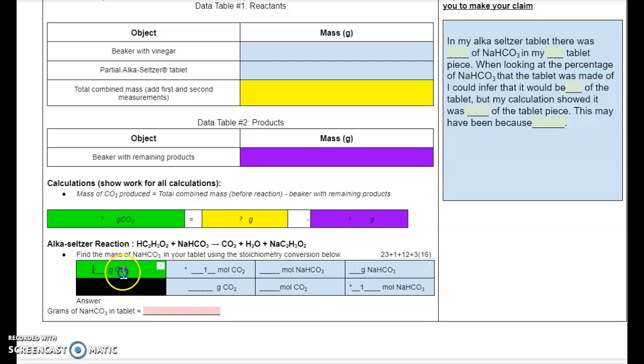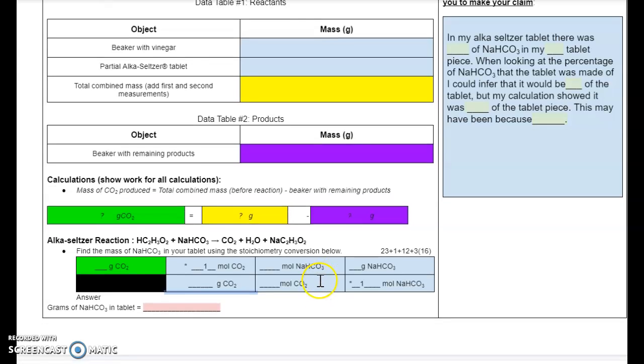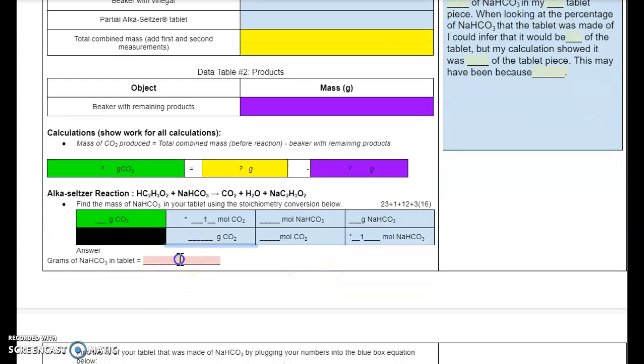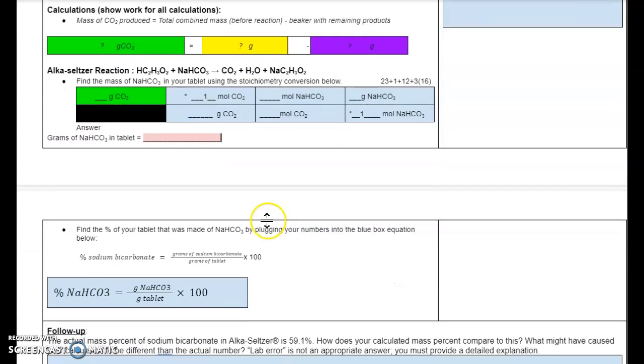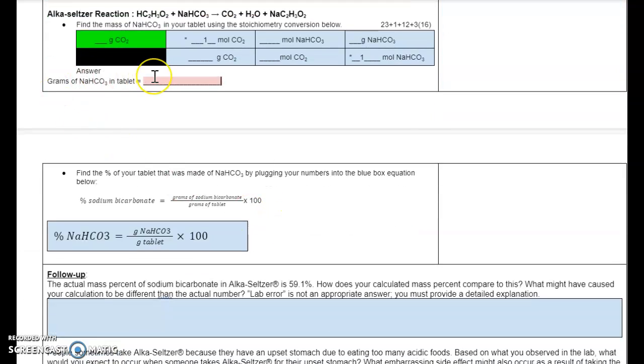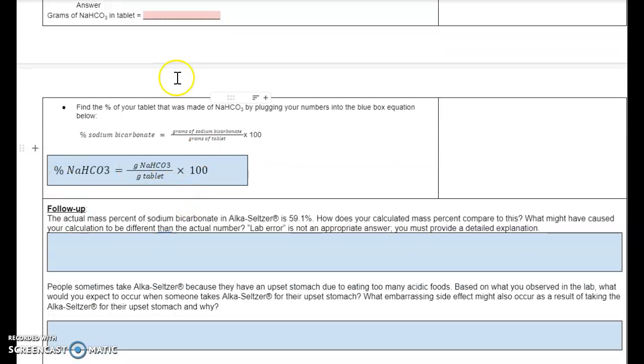Last step is to multiply the whole top, multiply the whole bottom, and then divide the two. So top divided by bottom, like a fraction. That will give you your grams of sodium bicarbonate here. Then you're going to take the grams of sodium bicarbonate in your tablet and enter it here. You want to find the percent of the tablet that's made of sodium bicarbonate by plugging the numbers into the box.